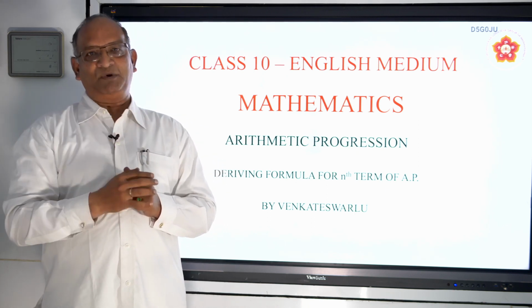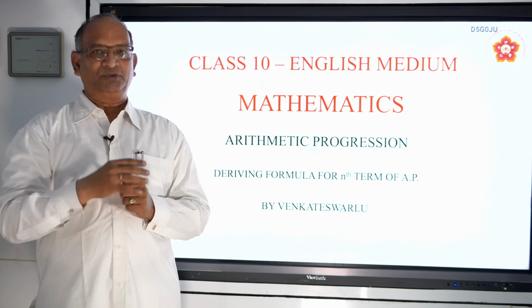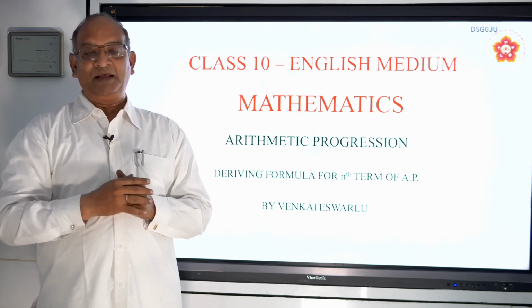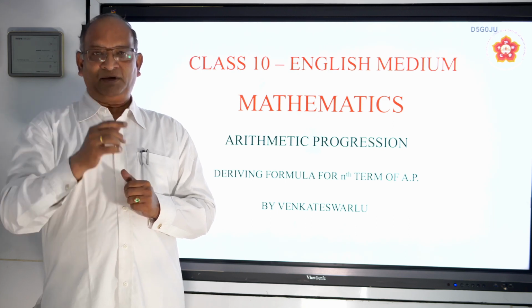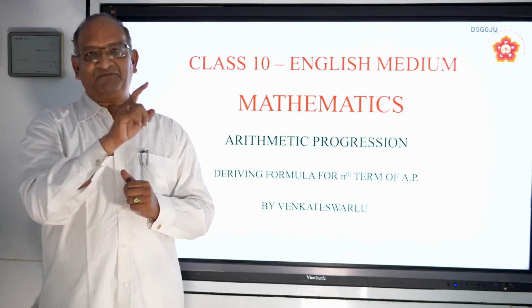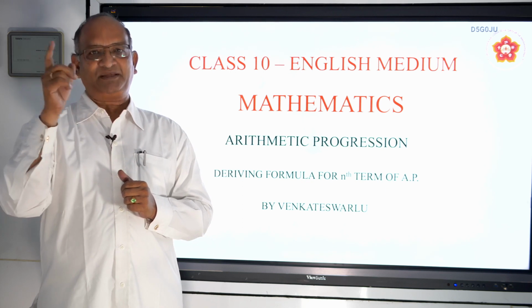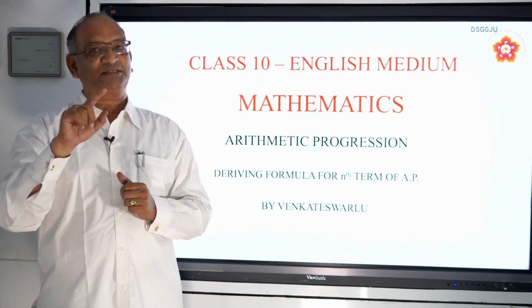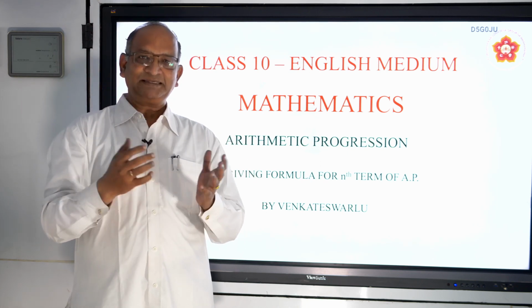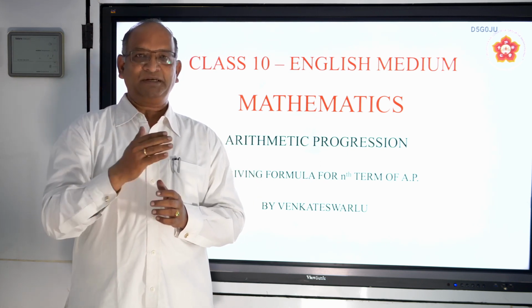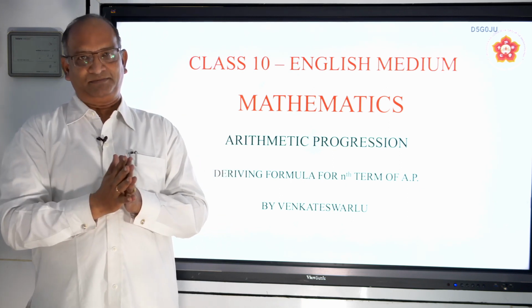The first term is 1, the second term is 2, the difference between them is 1. The third term is 4. 4 minus 2 is 2. The difference between the second and first term was 1. The difference between the third term and second term is 2. Since the difference is changing, it is not an arithmetic progression. It is a sequence without doubt because the numbers are arranged in ascending order.